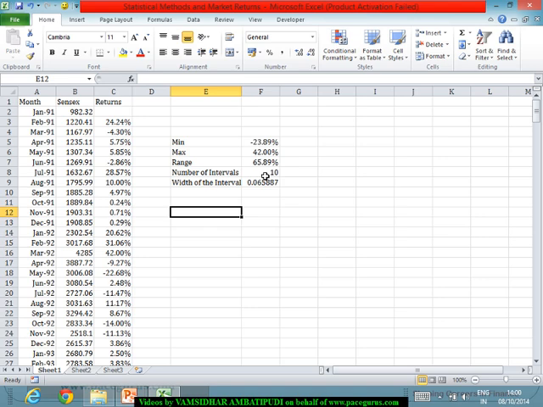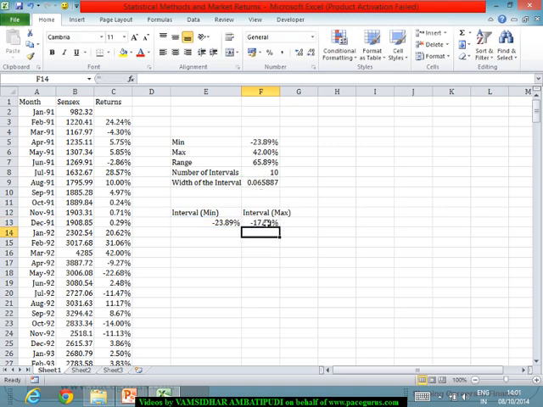Now that I have the width of each of the intervals, I will try to create the intervals. The minimum value is what I am taking here, and the interval maximum value is what I am taking here. To start with, for the first one I am starting from here, and the next goes as this value plus the width.